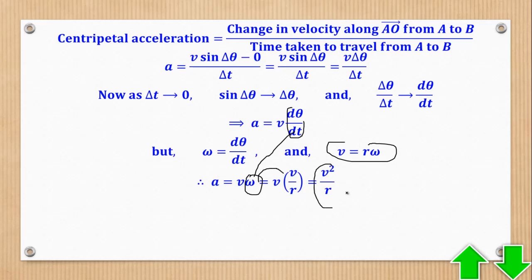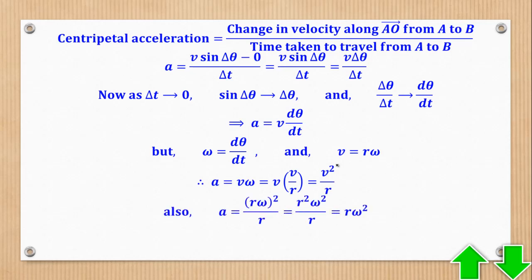You end up with v squared over r. That is one way of representing centripetal acceleration in terms of v, linear speed, and radius. What if I want to express it in terms of angular speed? In that case, where there was v, I'll replace it with r omega, and I'll end up with r omega squared.